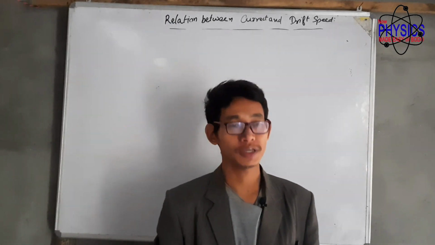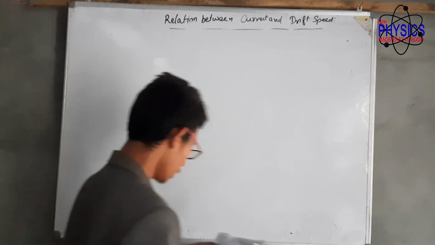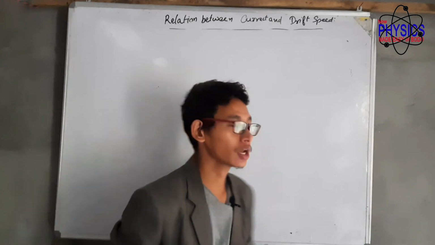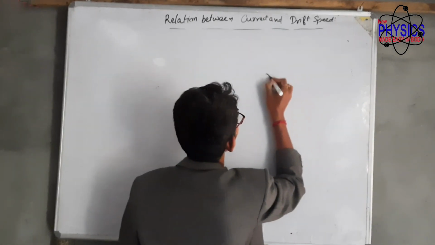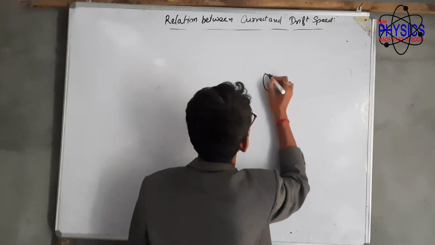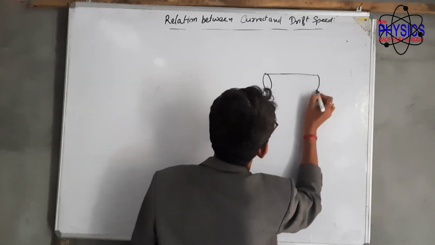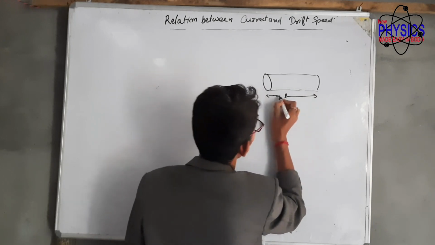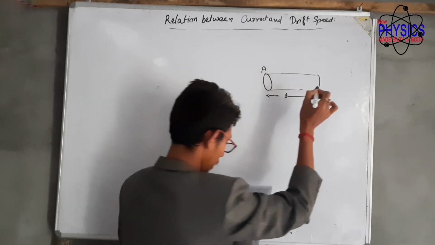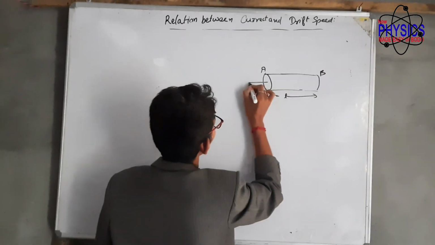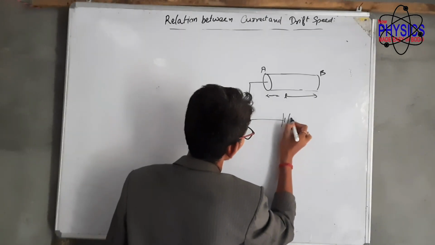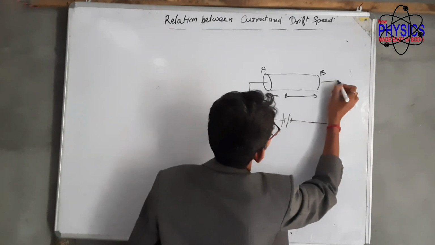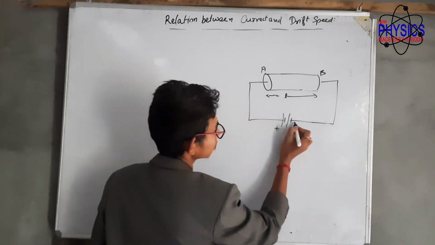Okay, so let us consider a conductor. This is a conductor, and the length of this is, suppose, L. This is phase A and this side is phase B. If a battery is set there, this is positive and this is negative.